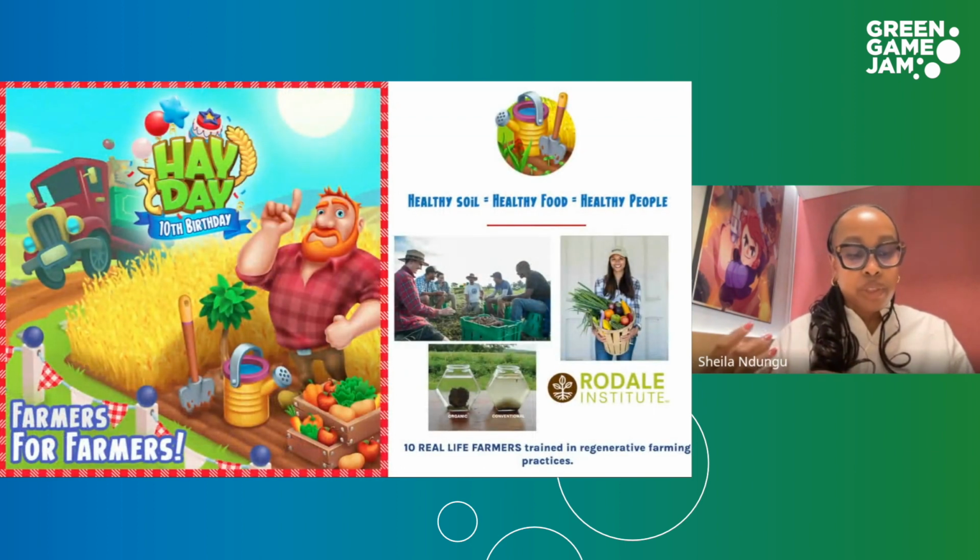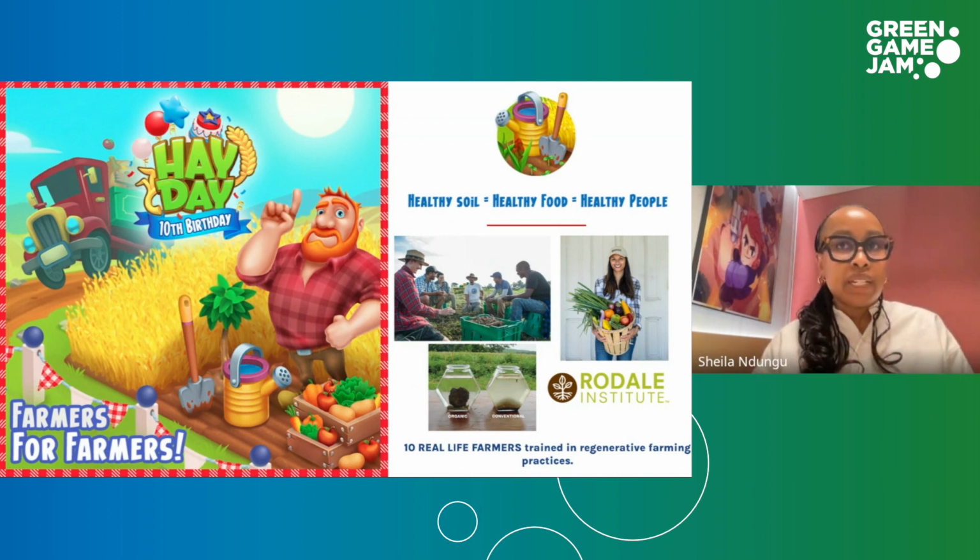Together with our CSR team, who we call our Give Back team, we looked through some organizations that were in line with our values and had a good cause behind them. And we found Rodale Institute. We discussed with them, and we learned a lot about regenerative farming and agriculture and soil health, and farming practices that farmers are trying to go through to create healthy food.